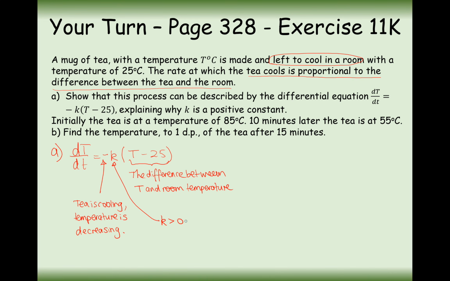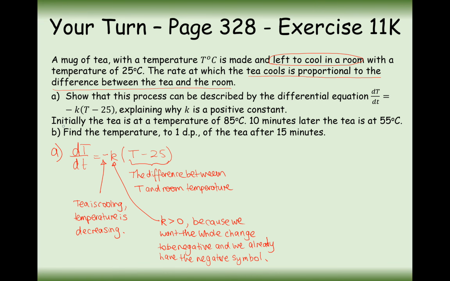So k is going to be positive because we want the whole change, or the differential, to be negative, and we already have the negative symbol. Okay, so there we are. That's answered part A then.